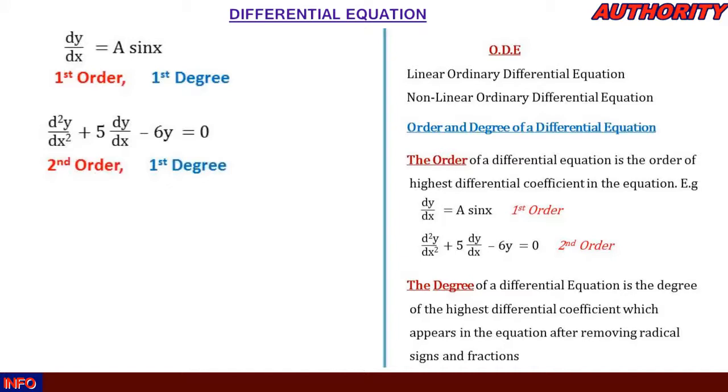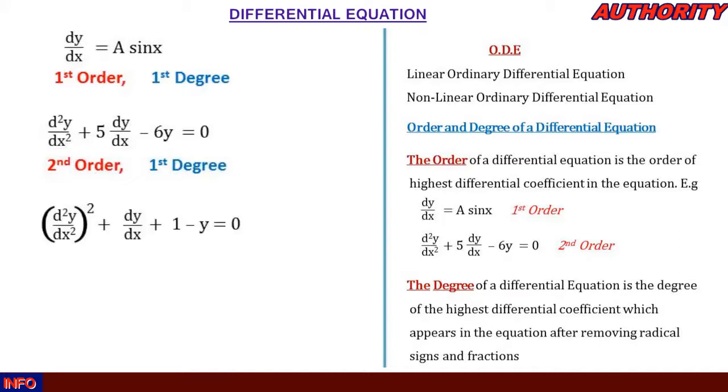Now the highest derivative here, what is the power of it? The power is 1. So this differential equation is of second order and first degree. That is order 2, degree 1.